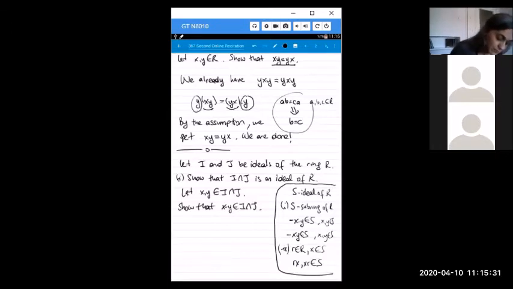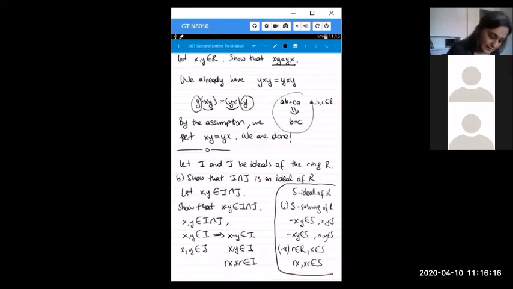Since x and y are elements from I intersection J, we know that x and y are in I, since we are taking these from the intersection, and x and y are from J. Since x and y are from the ideal I, we know that x minus y is in I, x times y is in I, r times x and x times r are in I. Why is that so?